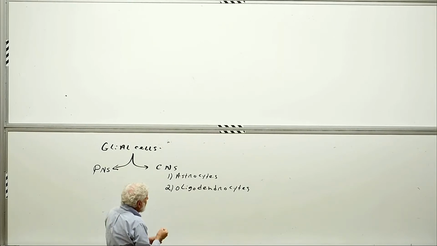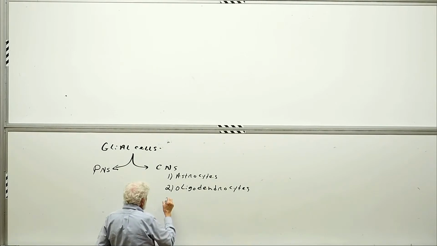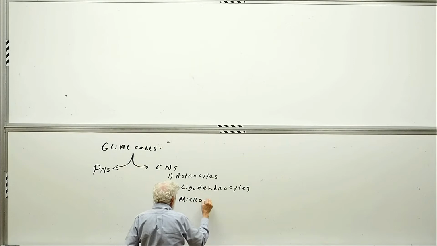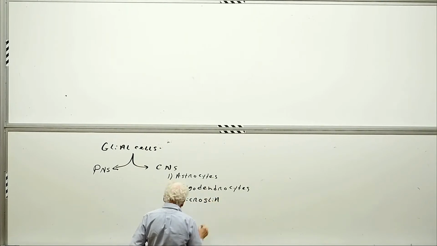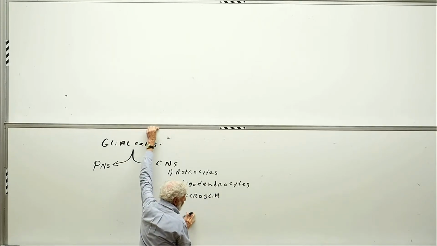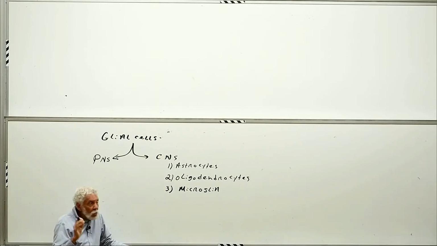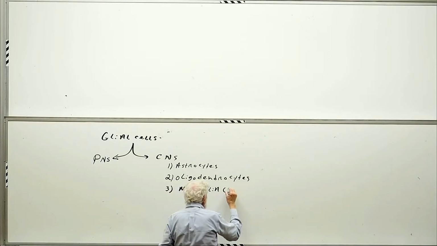Now, the third type of glial cell, which is commonly included, is something called the microglia. I never know, when I give these lectures, whether to include them or not, because the microglia are, in fact, macrophages.